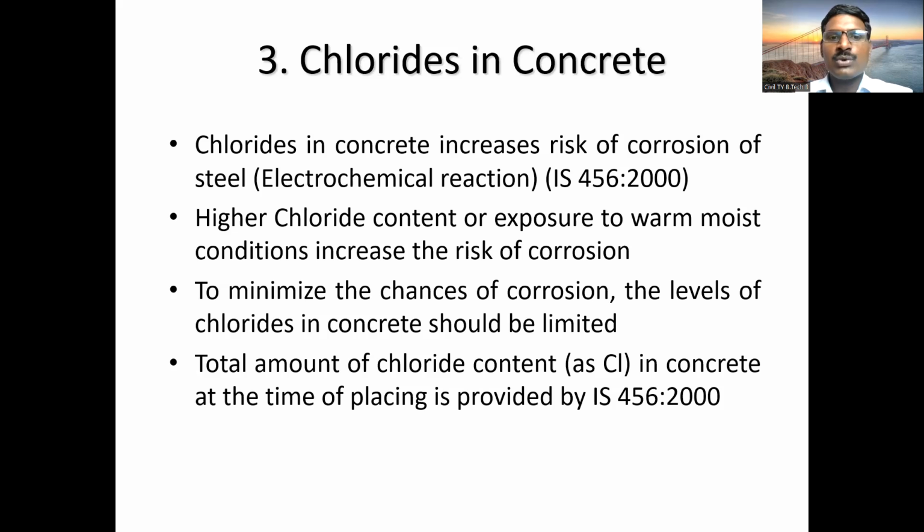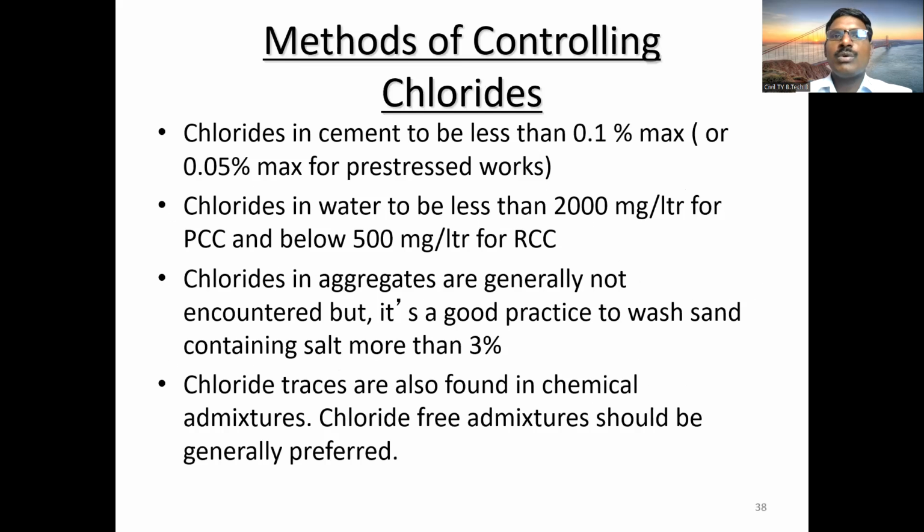And to minimize the chance of corrosion, the level of the chloride in concrete should be limited. Also, the amount of chloride content in the concrete at the time of placing is provided as per the IS 456. So, methods of controlling the chlorides: how we can control the chloride content in the concrete so that we can avoid the corrosion of the steel.